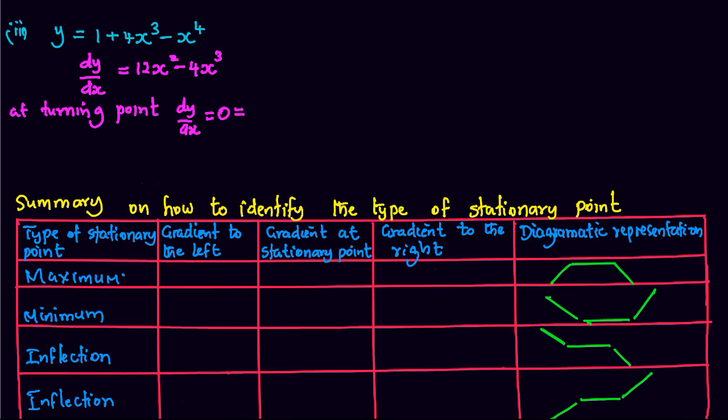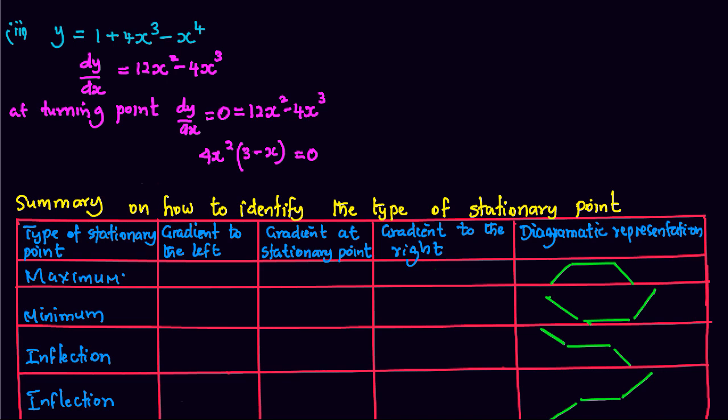And this is equal to 12x squared minus 4x cubed for the given curve. We'll have 4x squared into 3 minus x is equal to 0.